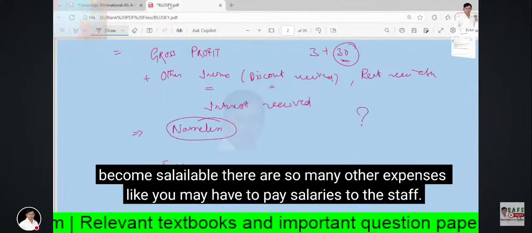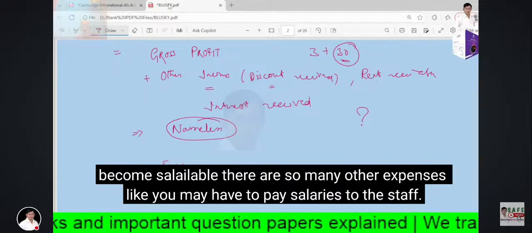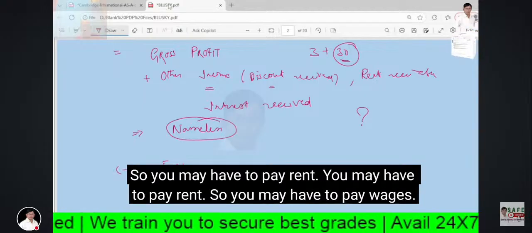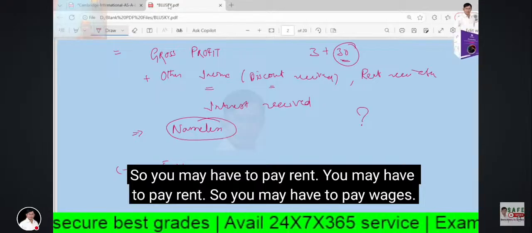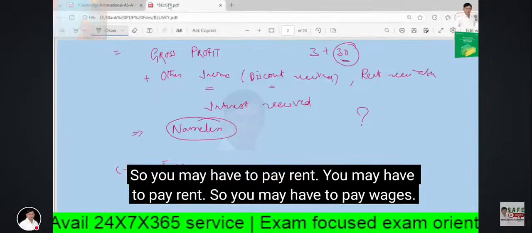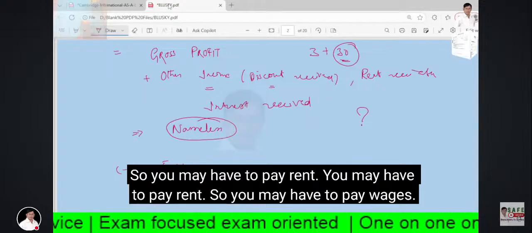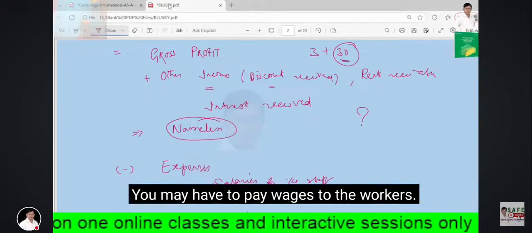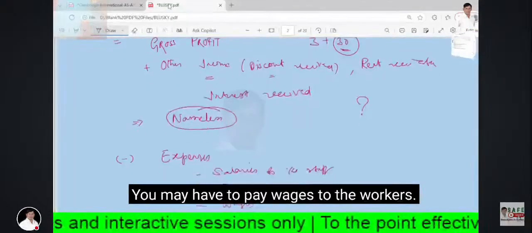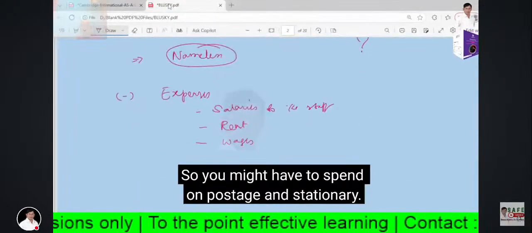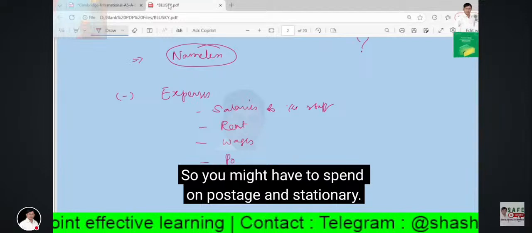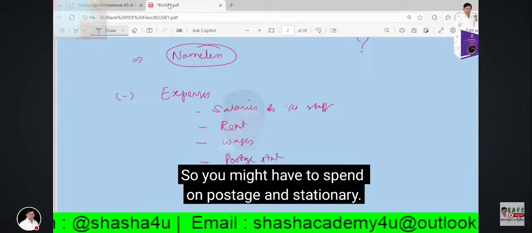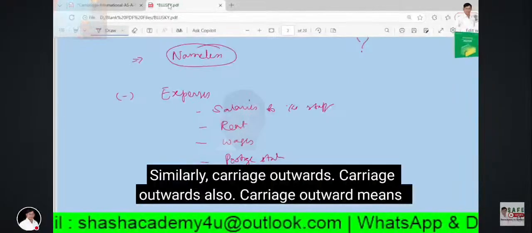You may have to pay salaries to the staff, pay rent, and pay wages to the workers. You might also have to spend on postage and stationery.